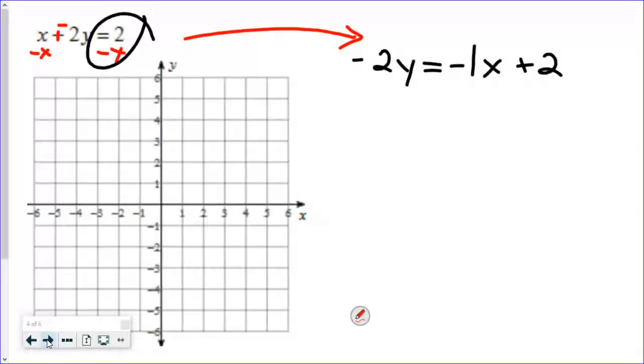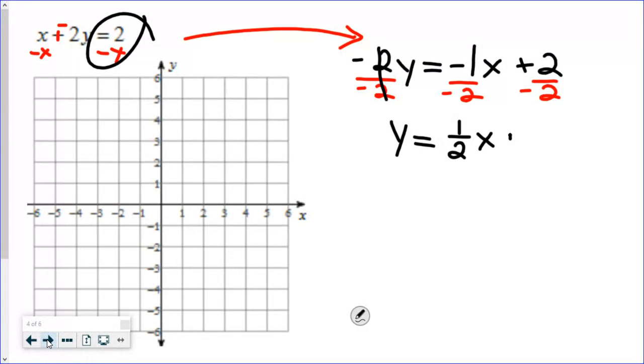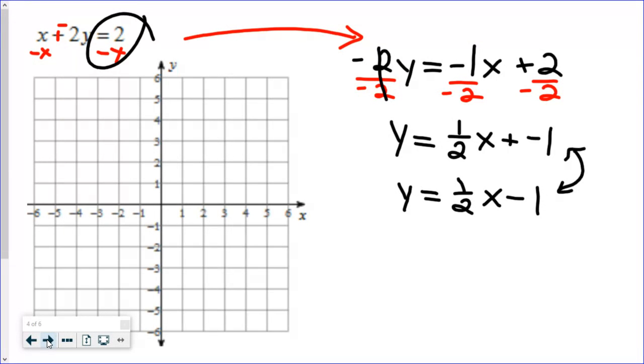Okay, then I'm going to divide everything by negative 2. And now you see why I made that a negative 1x, because I need that fraction for the slope. So a negative divided by a negative is a positive 1 over 2. And that's a negative 1. Remember, you could also see that as just a minus 1. These two things mean the same thing.